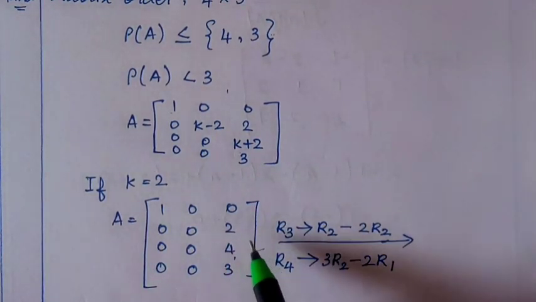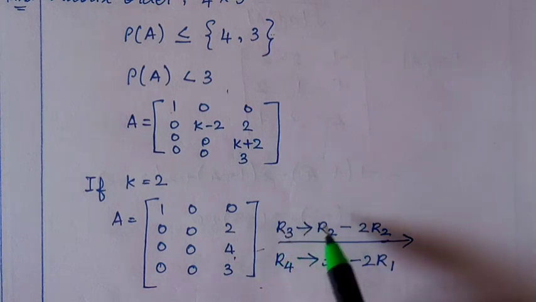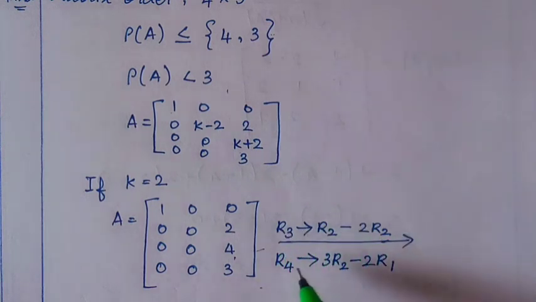We get this, and then after that we have to do this: R3 gives R3 minus 2R2, R4 gives 3R2 minus 2R1.